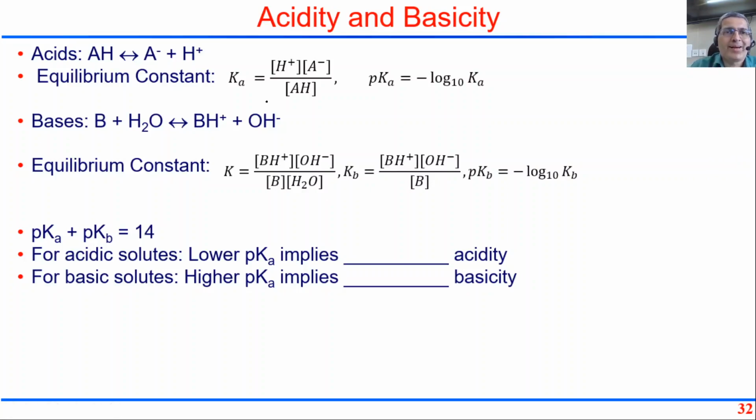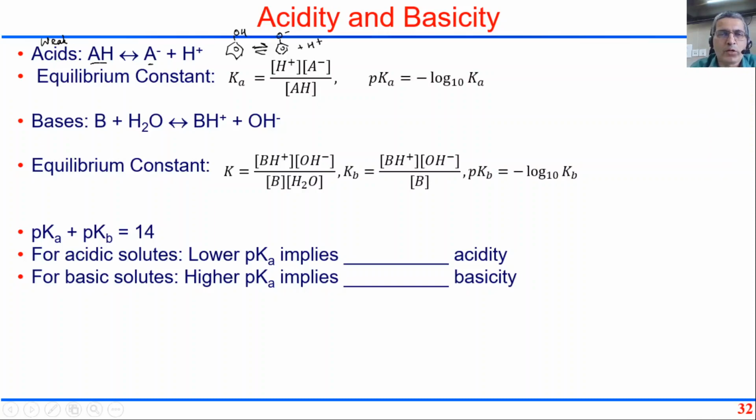So if I say that this acid dissociates as A minus, it's a weak acid, like phenol for example, OH, it dissociates as O minus and H plus. So the equilibrium constant for this dissociation reaction we could write as Ka, as H plus into A minus divided by AH.